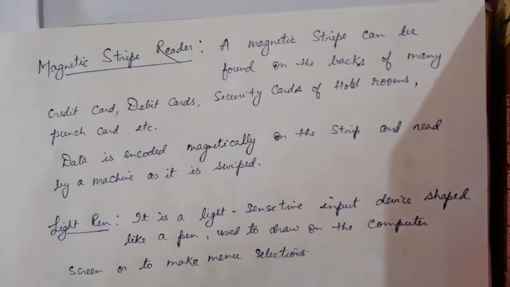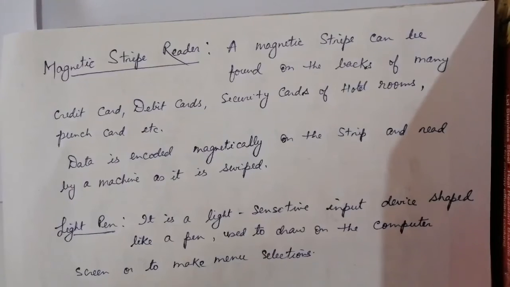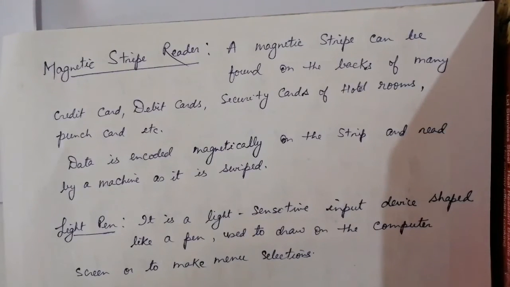Then there is the magnetic stripe reader. It contains a magnetic stripe behind a debit or credit card, or a punch card through which we can give attendance.